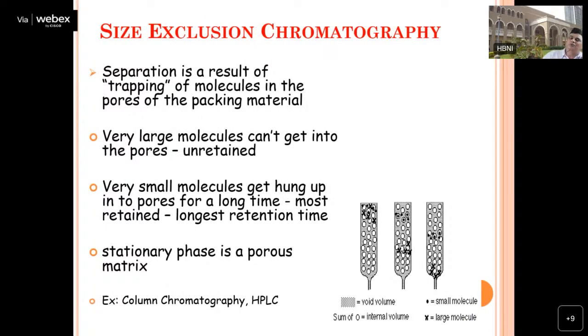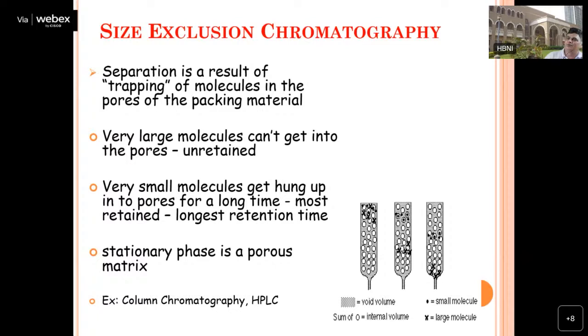And size exclusion chromatography, as the word says, is basically separation as a result of trapping of molecules in the pores of the packing material. Various pores are there, varying from a few nanometers to a few microns.